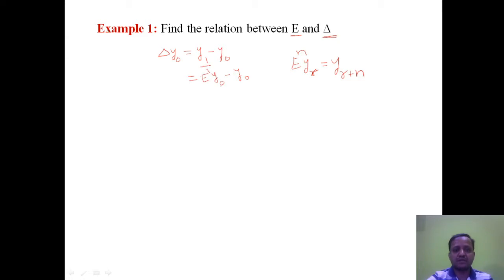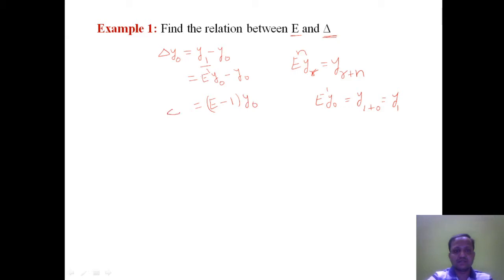If you add these two indices, 1 plus 0 is 1, nothing but y of 1 plus 0. E power 1 y naught is nothing but y1 only. So here we are replacing y1 with E power 1 y naught. Now E power 1 means E only, here minus 1, here y naught.